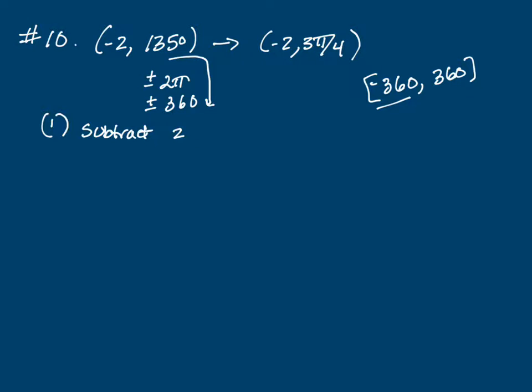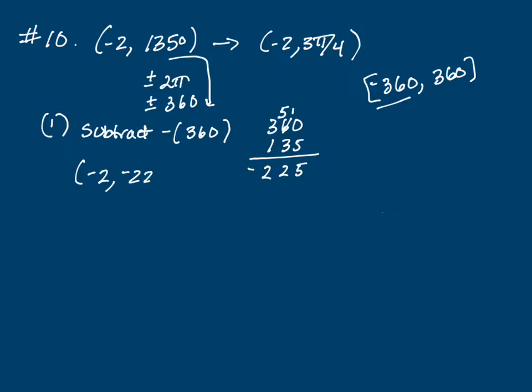Well, let's do it in degrees, subtract 360 degrees. So 360 minus 135, just trying to figure this out, that would be 225, so -225 degrees. So our first one would stay -2, and it would be -225 degrees.